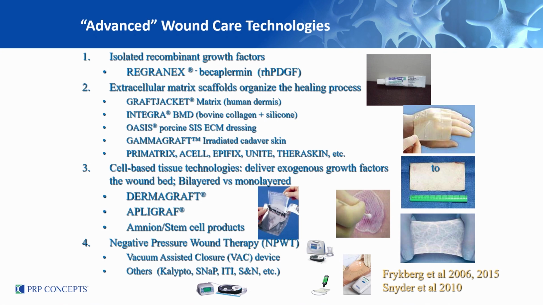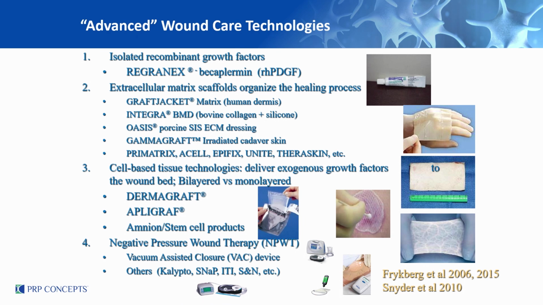But subsequently, we have a number of extracellular matrix scaffolds, many of which you all have used and were referenced previously. Then you have your cell-based technologies, the biosynthetic, bioengineered products, of course, and we also consider all the amnion products, negative pressure wound therapy.